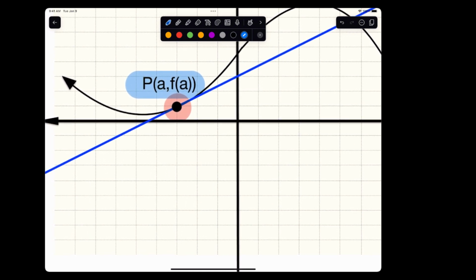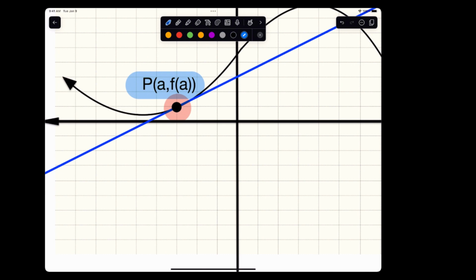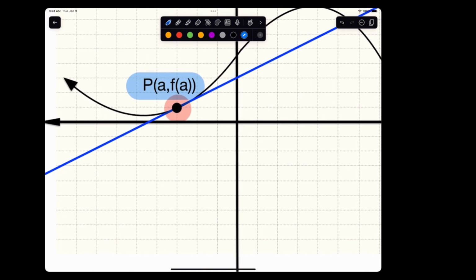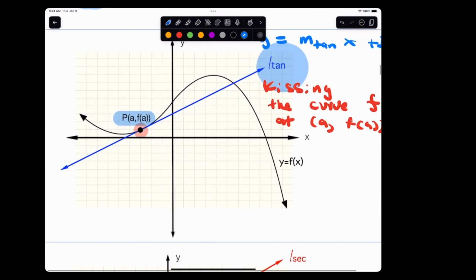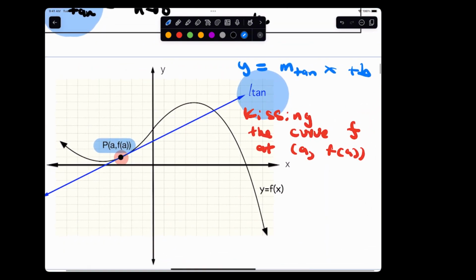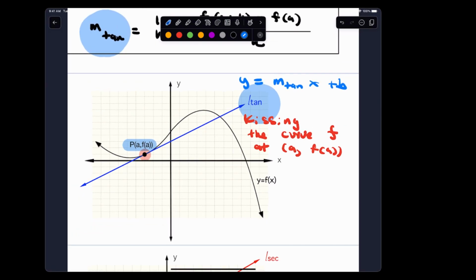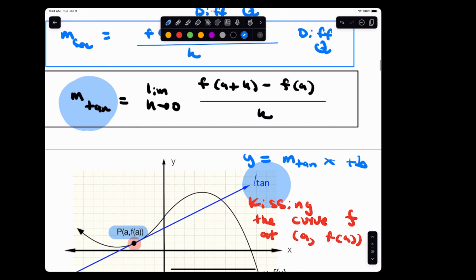F of A. Slope of the line tangent to the curve at this what? Location. Notice what I'm saying. It's the slope of the line tangent to the curve at this location. It is also known as, what is this also known as, ladies and gentlemen? It's that F prime of A. Yes.